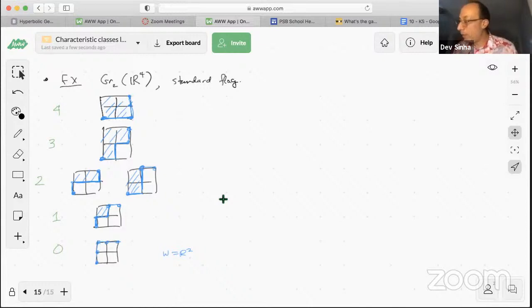So if I've got my symbols, and again, I'll call these pictures sigmas as well. So let X sub sigma be, so again, we have E sub sigma is the corresponding cell. Let X sub sigma be the closure of E sigma.